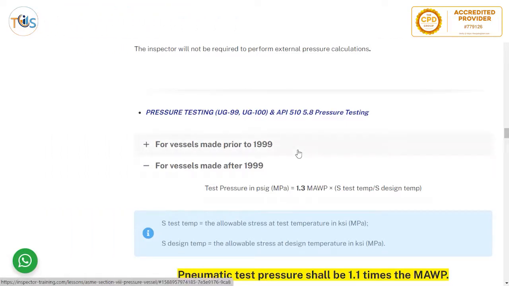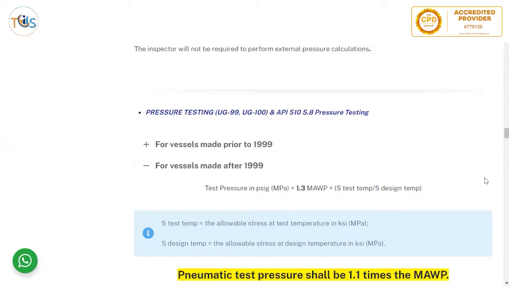Now, S test temperature and S design temperature. The material's strength changes as the temperature increases, or the allowable stress changes as the temperature increases or decreases.